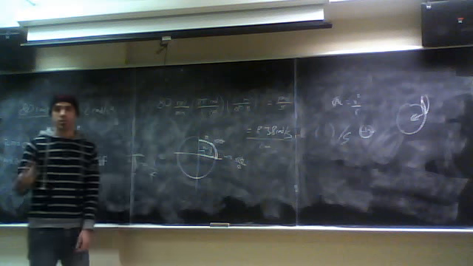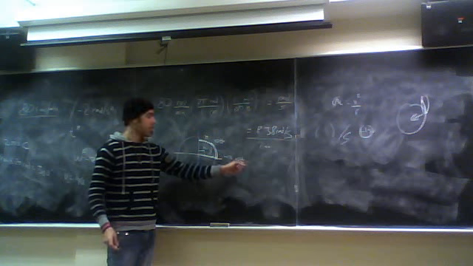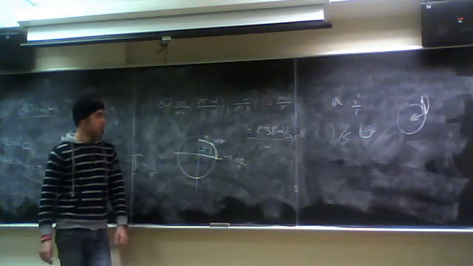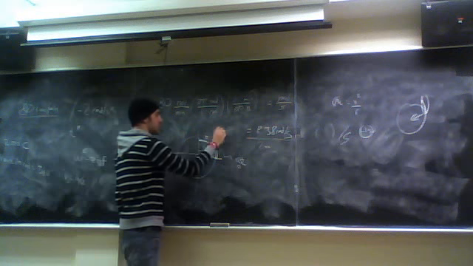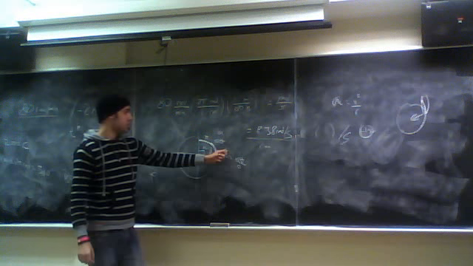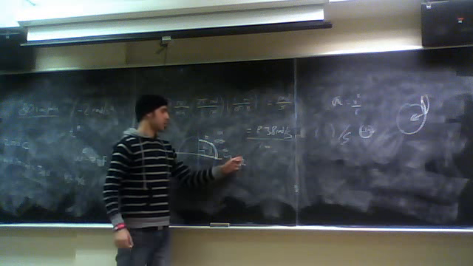Just like velocity is distance over time, angular velocity is change in angle over time. It's so confusing when you change around all the letters. I know, but just think of this as delta x and this as delta v. So velocity is delta x over t, or omega is delta theta over t.